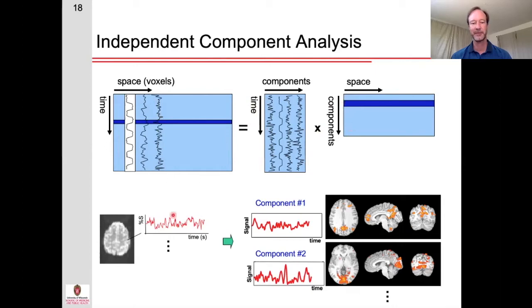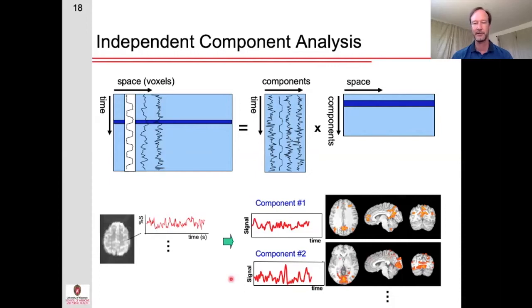Or thinking of this visually, we take our data, that is a series of volumes over time, and we decompose them into different spatial components that share a particular characteristic time course. So all of these regions would share this particular time course, these regions would share this particular time course, and so on.